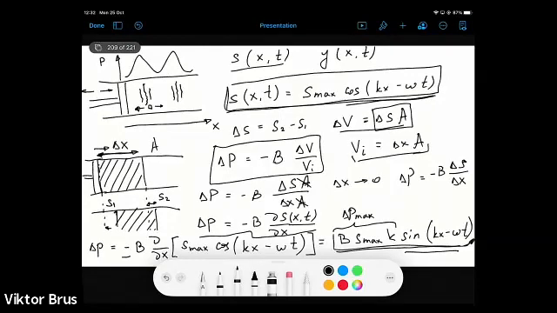Now, if we consider the limit delta X approaches 0, means that we consider a very small volume of gas inside this cylinder, this ratio transforms to a partial derivative of S as a function of X and T over X. So why partial derivative?